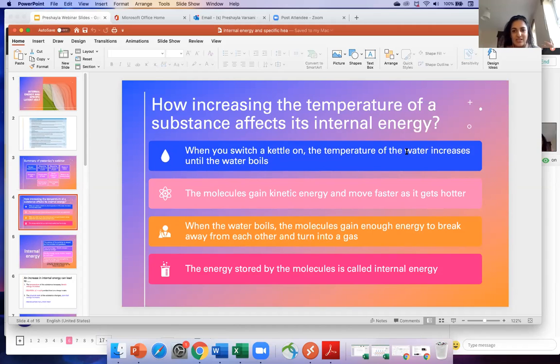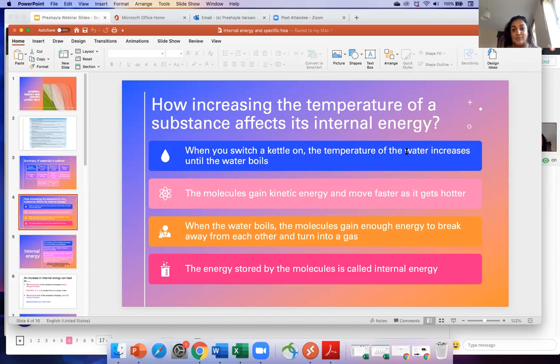So how does this increase in temperature affect the increase in kinetic energy? Well, if we increase the temperature of our substance, we increase the kinetic energy. They're proportional to each other. If speed goes up, kinetic energy goes up. If kinetic energy goes up, speed goes up.